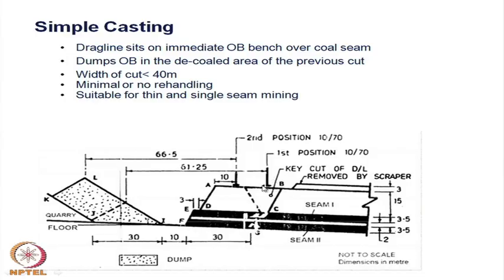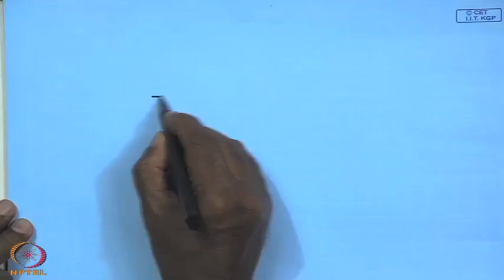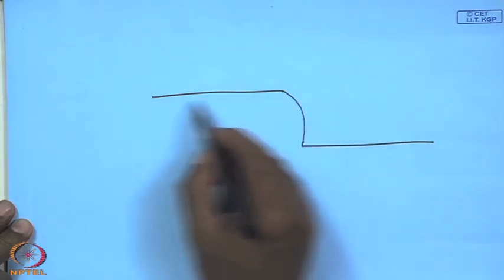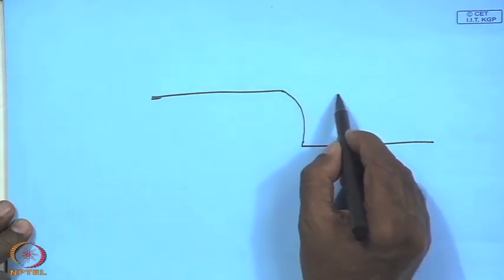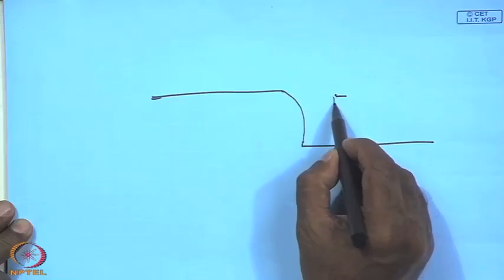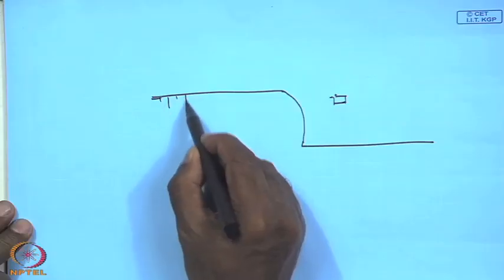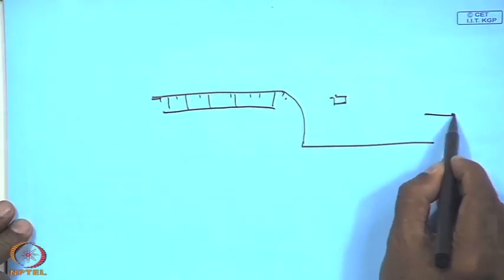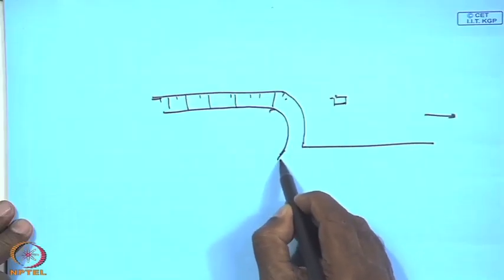was first positioned at this particular location, and then it was giving the key cut. Yesterday also we told that while you are using a dragline, first it will have to give a key cut. For example, in a plan view, if the dragline is to work here, it will first sit over here, and suppose this is the high wall, in which direction the mine is expanding.